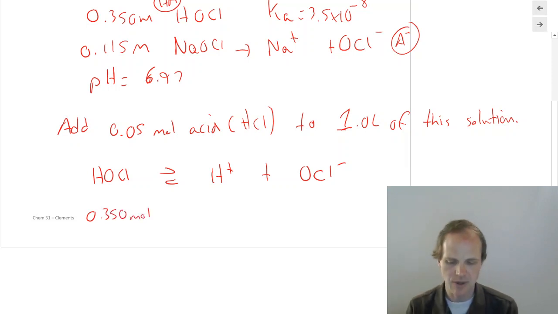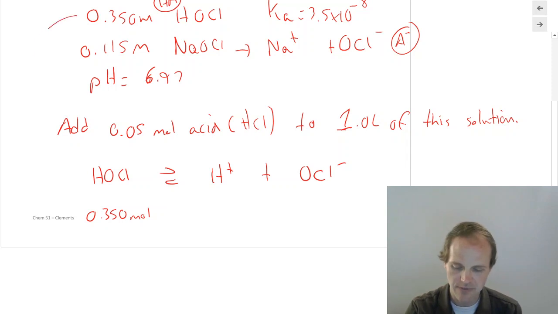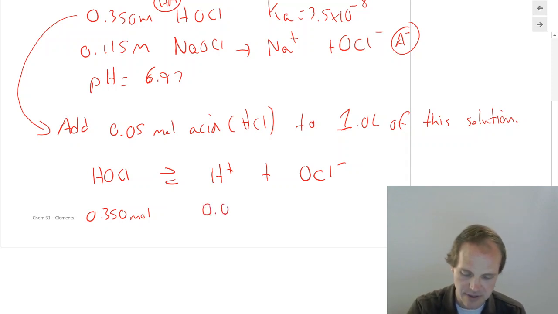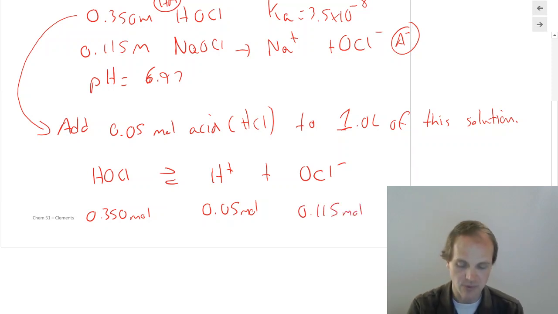How did I get from molarity to moles? 0.350 times 1 liter. Volume times molarity is moles. That gives me 0.350 moles. Then 0.05 moles, that's just what I gave you in the problem statement, and 0.115 moles. Always good to write those units, at least in the first step, even if you don't write them in the subsequent steps, just to remind yourself what units you're using.